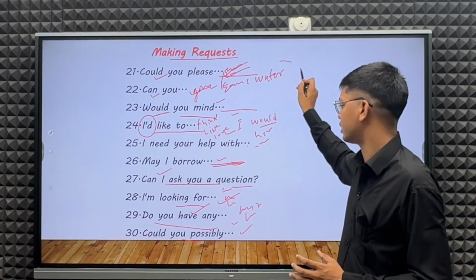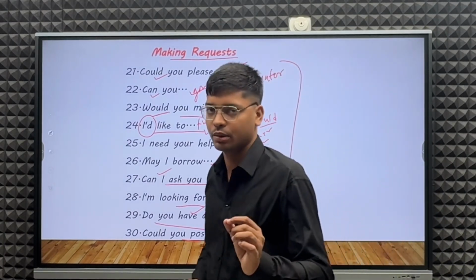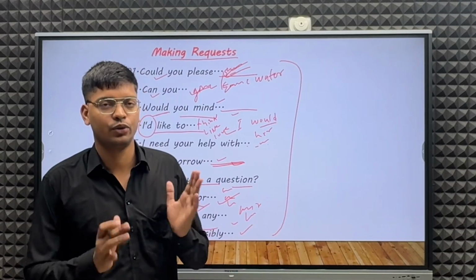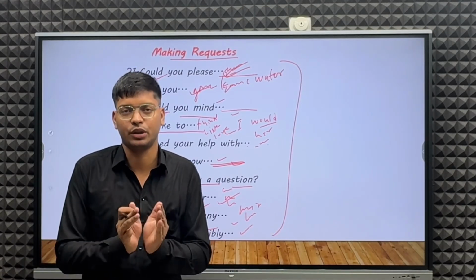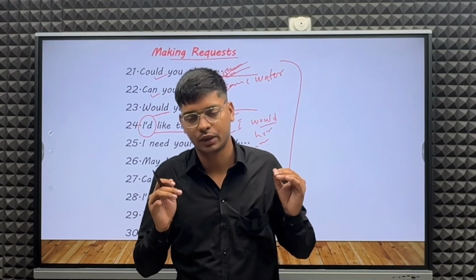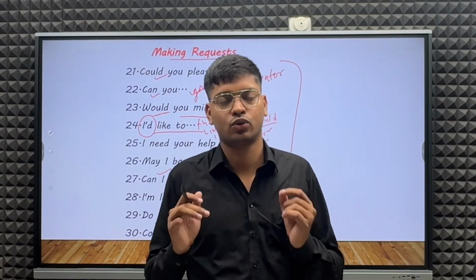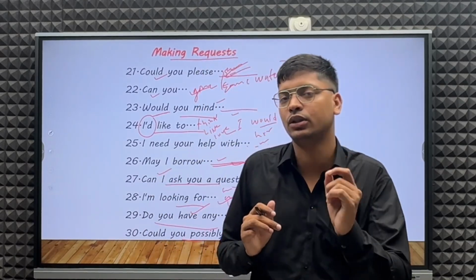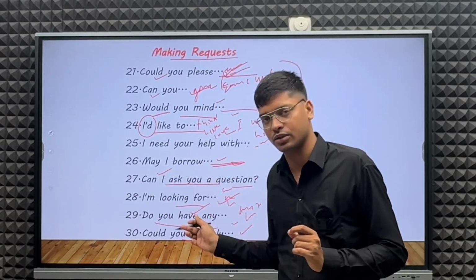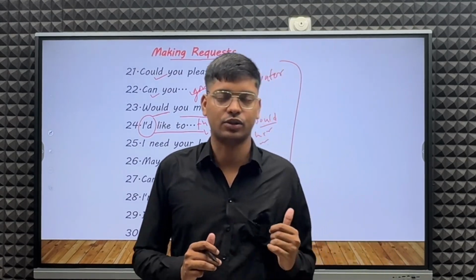I hope you understand this sentence structure, and you must remember these sentences if you want to speak fluently. If you are new and just starting your journey, you can write down these sentences also.